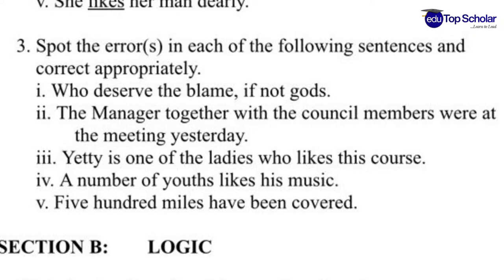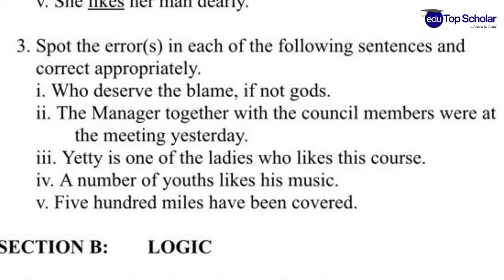So whenever you have accompaniment with a subject, if the subject is singular, you treat the whole subject as singular. Unless the subject is plural, that is when you treat it as plural. But in this case, the manager is a singular subject. Then, together with the council members, does not make it a plural subject. Together with the council members is just an accompaniment.